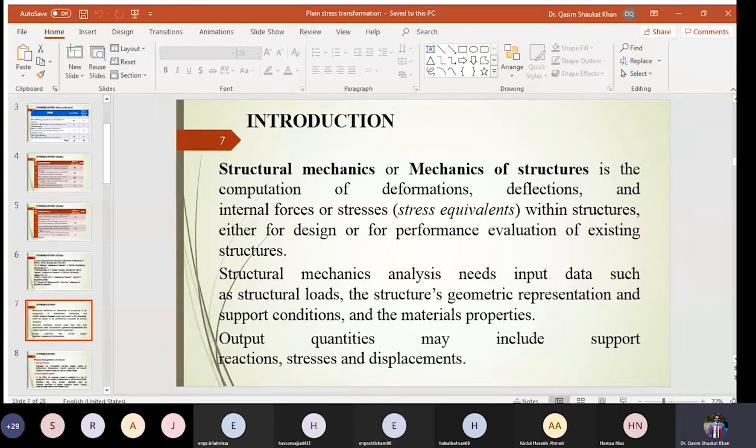Before the design, you had some values of the loads like dead loads, live loads, and then you have the span lengths. Then on the basis of this, you designed it. Now here, basically, we need to calculate those critical loads or stresses.